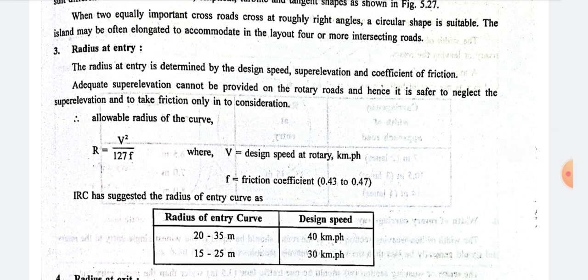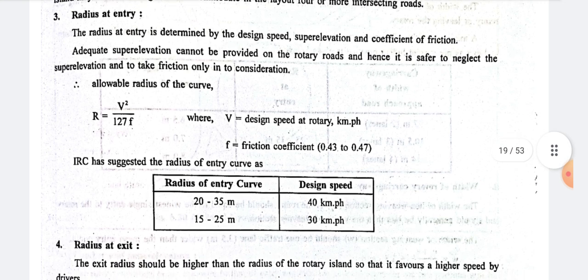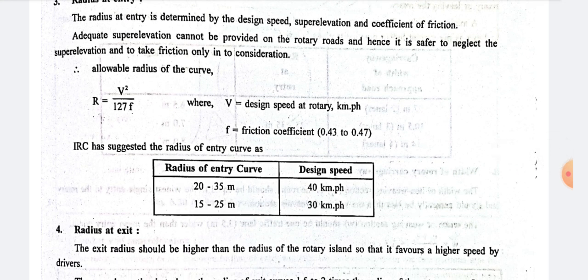Next is the radius at entry. The radius at entry is determined by design speed, super elevation and coefficient of friction. These three things are very important for the radius at entry. Adequate super elevation cannot be provided on rotary roads, and hence it is preferred to neglect the super elevation and take friction only into consideration.